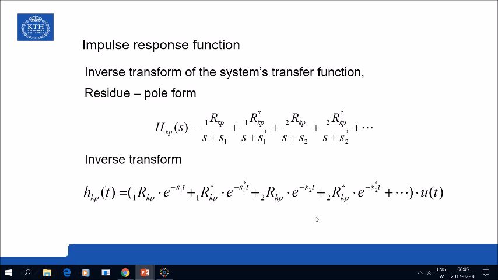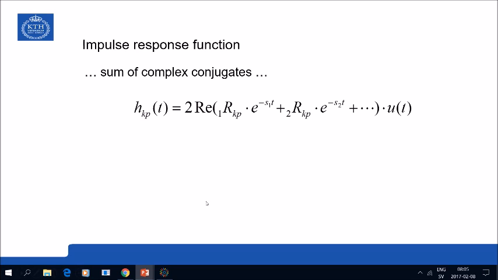And as you can see, each modal contribution here is a sum of two complex conjugates. That means we can combine these and get 2 times the real part. So 2 times the real part of this is the contribution from the first mode, and 2 times the real part of this is the contribution from the second mode, and so on.